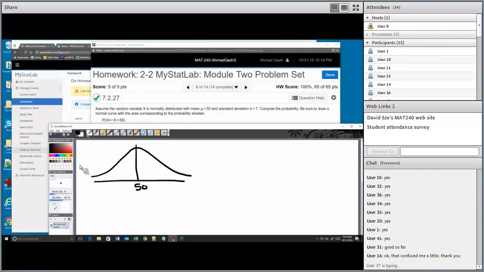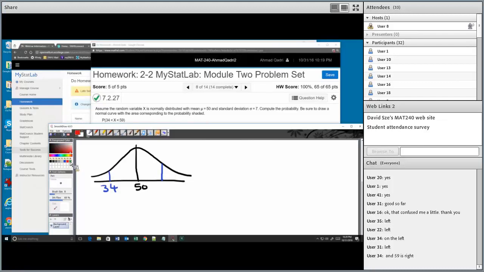So where's 34? On the left or the right? Left, yes. So 34, maybe here somewhere. And 59 is on the right side. Now you can see that standard deviation is 7. So 1 standard deviation away is 57. So 59 is maybe somewhere here, right?